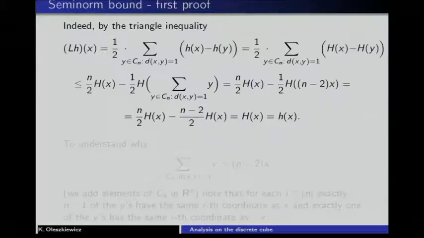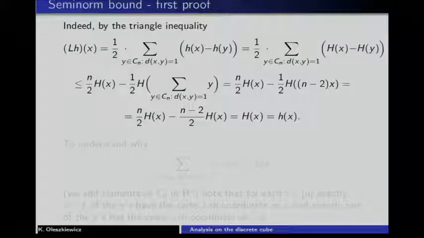Okay, so I will actually give you two proofs of that fact. The first proof is by the triangle inequality. We just recall that we can write Lf at point x as such a sum over all neighbors y of x. So we do that for our semi-norm. This is just a restriction of the semi-norm on Rn, so we can come back to this.